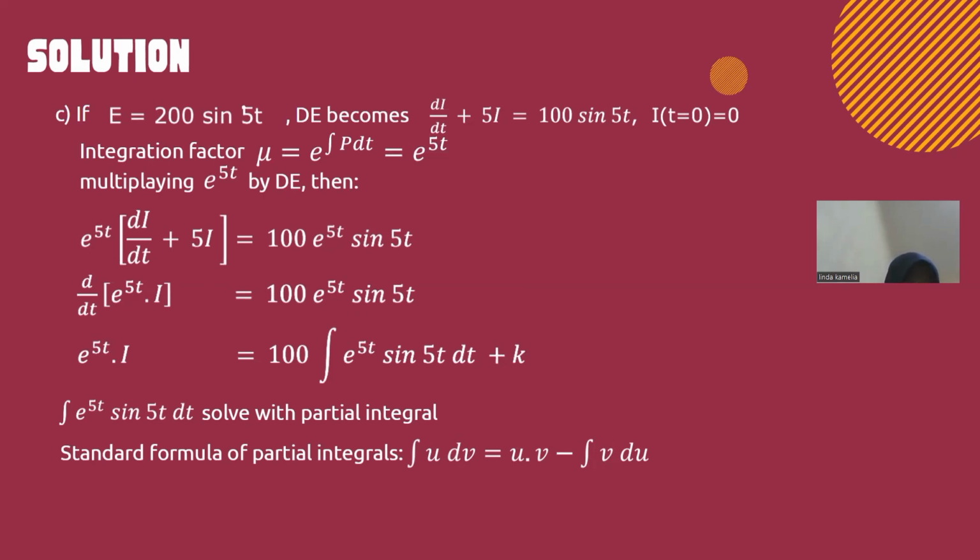And then we get e power 5t times I equals 100 integral of e power 5t sin 5t dt plus C. For the integral of e power 5t sin 5t dt, we use integration by parts, with the standard formula: integral u dv equals u times v minus integral v du.